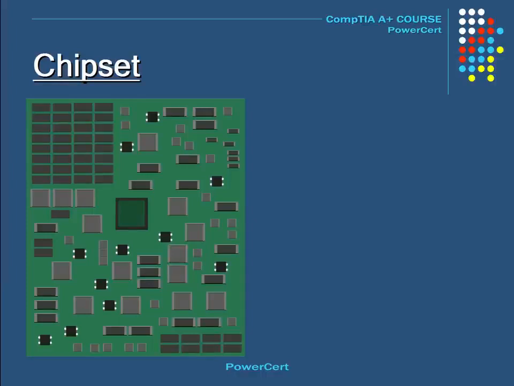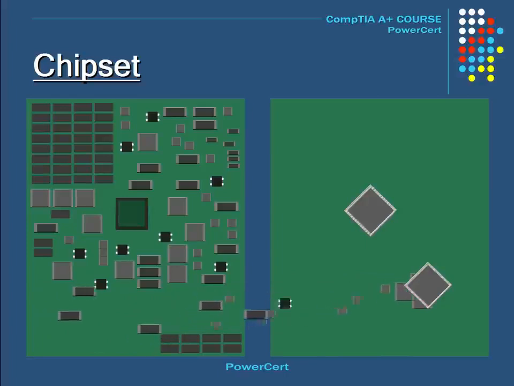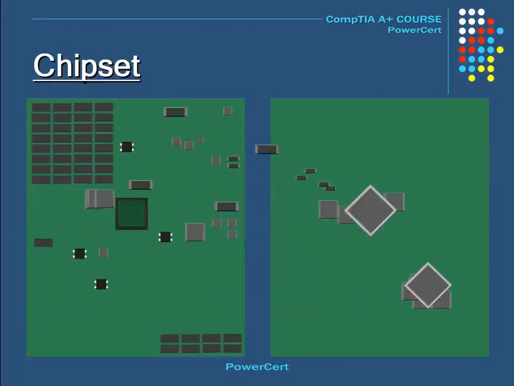So as technology progressed, computer engineers decided to reduce the number of chips and have them in a more centralized location. So instead of having these different chips scattered all over the motherboard controlling different functions, they reduced the number of chips to do the same job and condensed them to only a few chips, or what's now called a chipset.